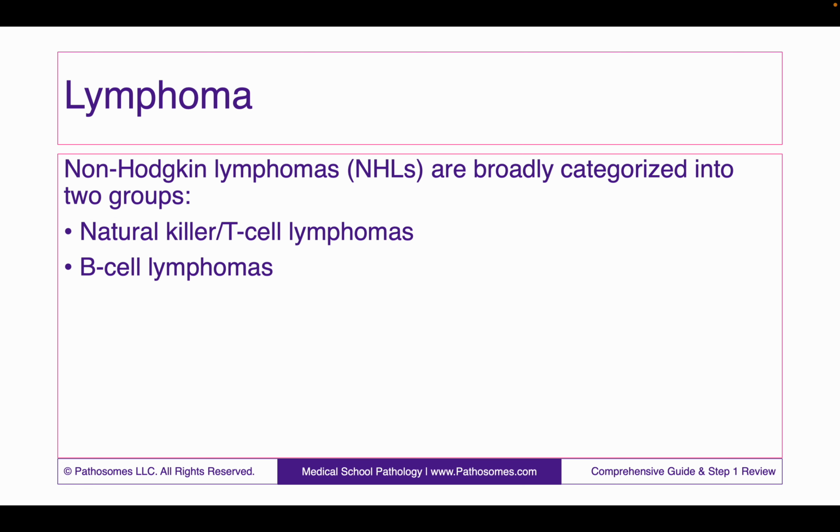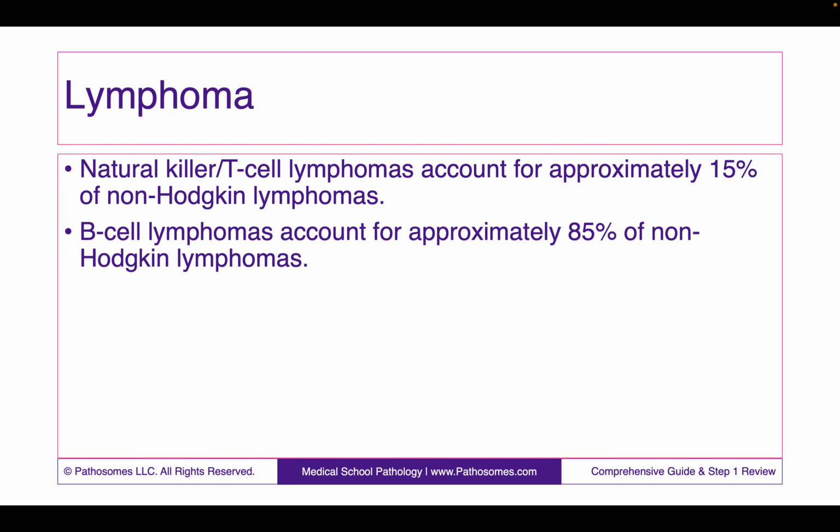Non-Hodgkin lymphomas are broadly categorized into two groups: natural killer or T cell lymphomas or B cell lymphomas.